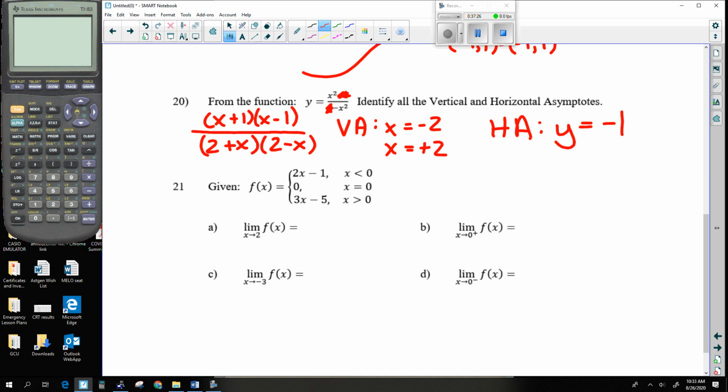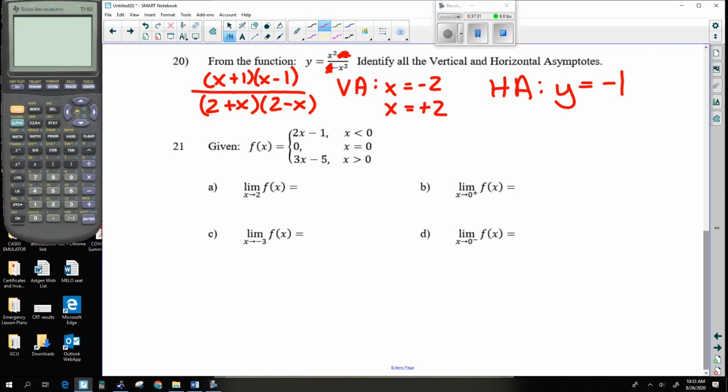The horizontal one. Okay, last but not least, I think they just ask us to break apart this piecewise function into these various limits. So x is equal to 2, that would be that equation right there. And so that would be 3 times 2 minus 5, and so that is equal to 1.